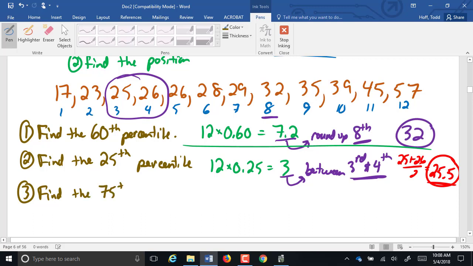In your notes, I'm going to have you take a minute and find the 75th percentile for me.